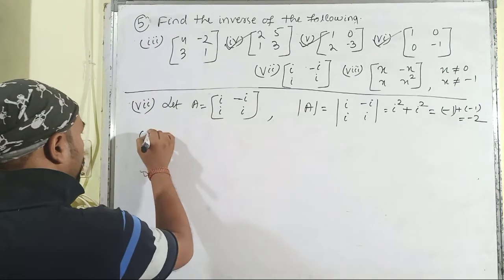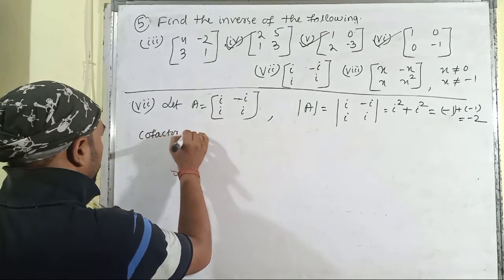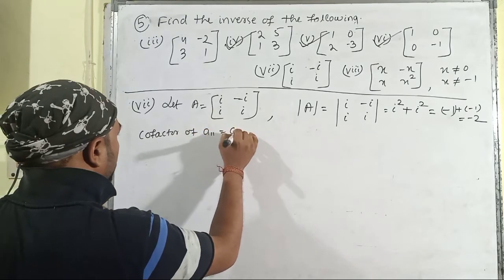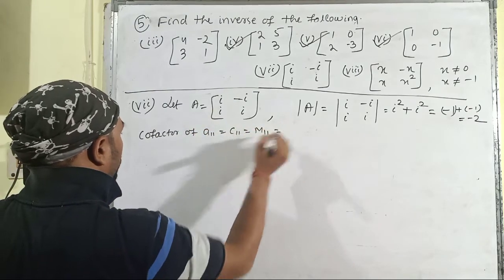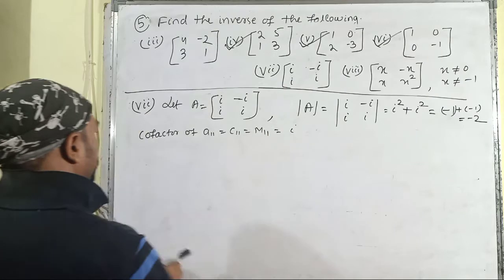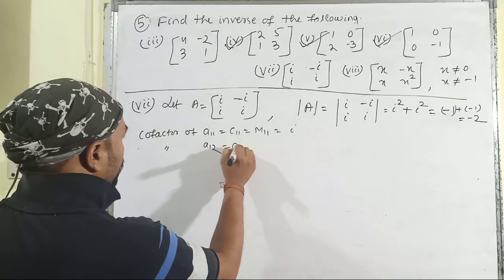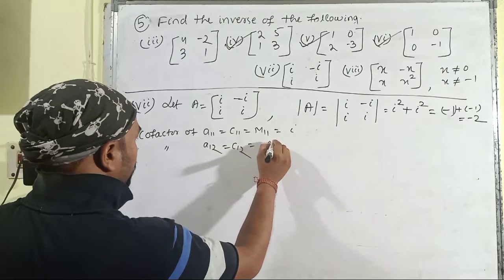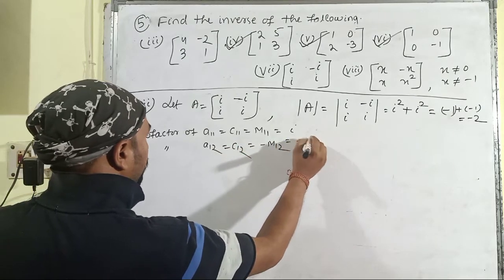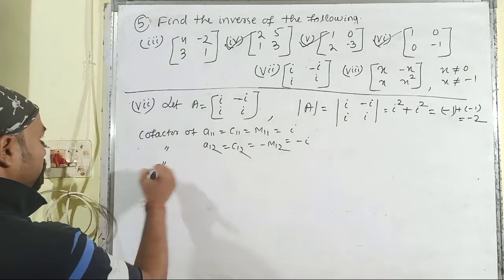Then we have to find the cofactor of A11, that is C11, which is equal to M11, which is equal to i. Similarly, cofactor of A12, which is C12, which is equal to minus M12, which is equal to minus i.